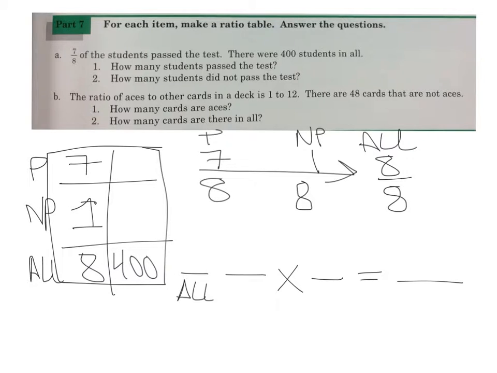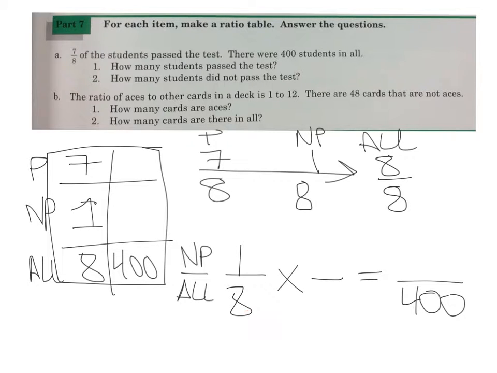So for not pass, now I'll fill in the ratio numbers. Those are the first numbers that we have here. So not pass is 1 and all is 8. And we know that there's 400 students in the all group. So here it says 8 times a number I don't know equals 400. So because I don't know the number, that means that I cannot do the multiplication.